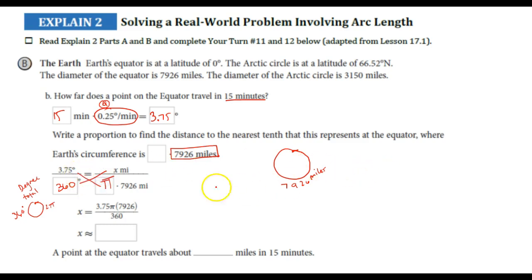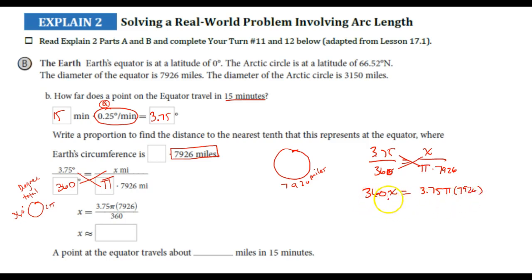In fact, if I wrote this out just so you can know where they got this from, I cross multiplied 3.75 over 360 equals x over pi times 7,926 miles. If I cross multiplied those together, I get 360 x equals 3.75 pi times 7,926.